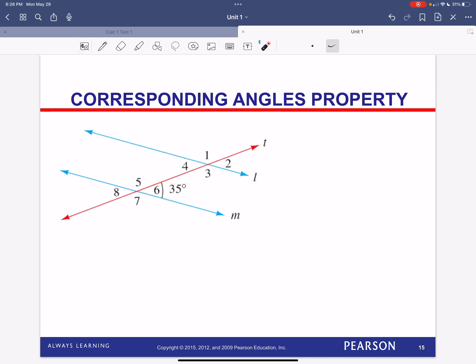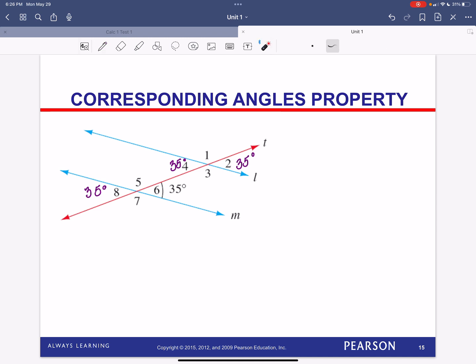Angle 6 is corresponding to angle 2, so this angle is going to be 35 degrees. Angle 6 and angle 8 are vertical angles, so they are also 35 degrees. 2 and 4 are vertical angles, so this is also 35 degrees.